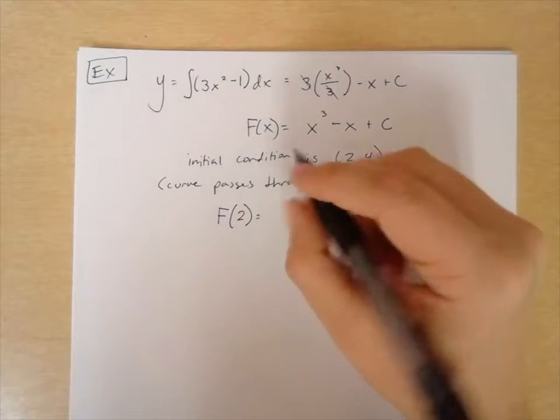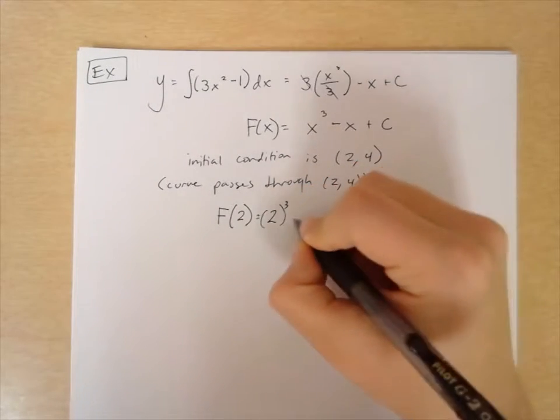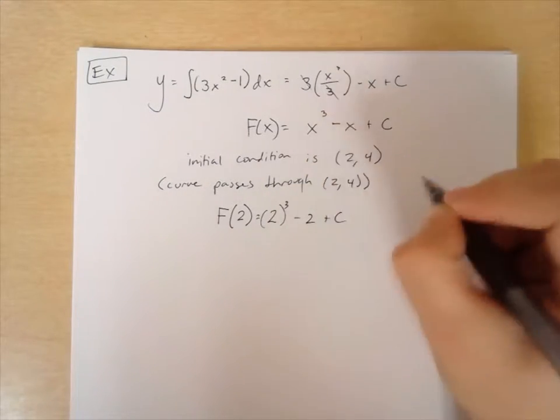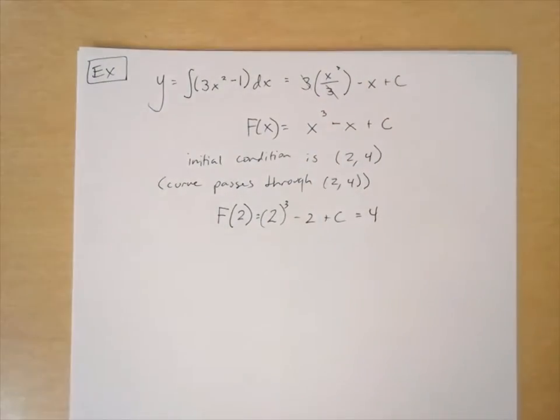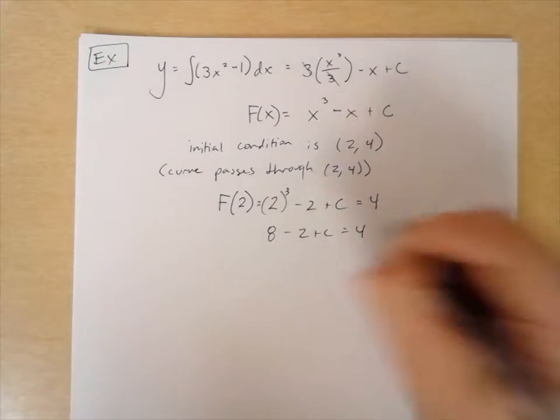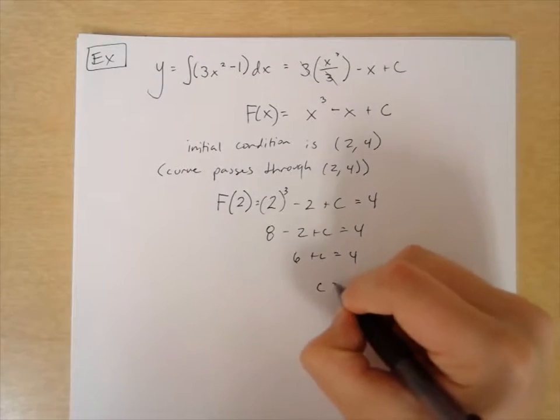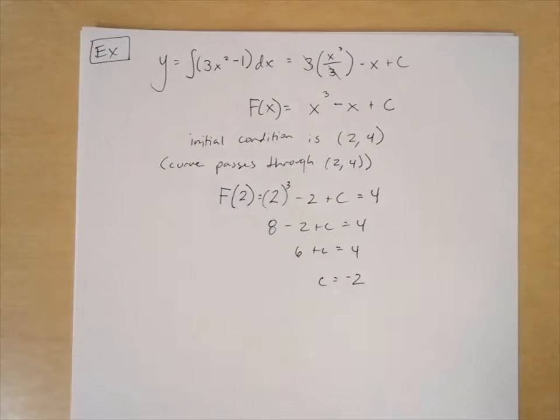So we substitute in 2 cubed minus 2 plus c, and we know this is going to equal 4. So we're going to have 8 minus 2 plus c equals 4, 6 plus c equals 4, c equals negative 2.